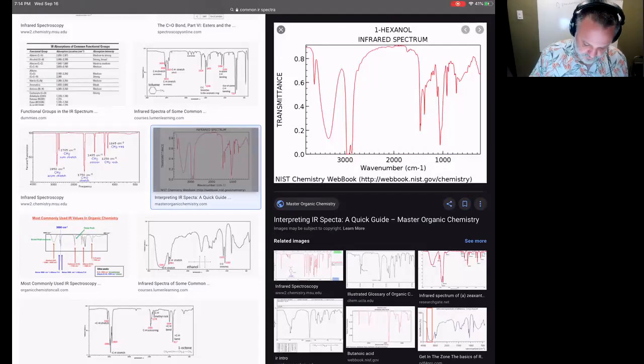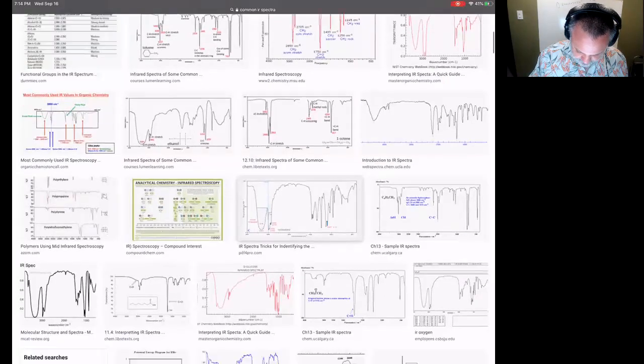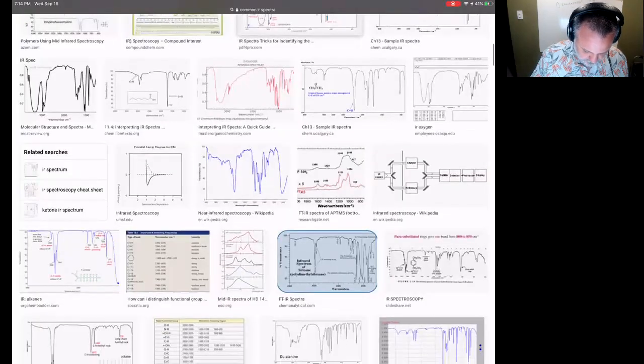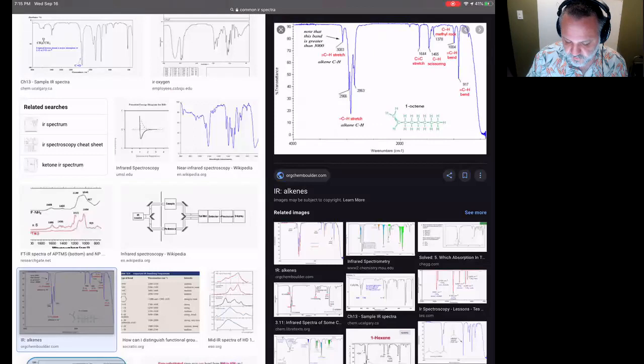Let's take a look at some other things real quick. Let's look at this one. Here's an example of a peak that happens after 3000, where you see an alkene CH stretch. It's at 3083.